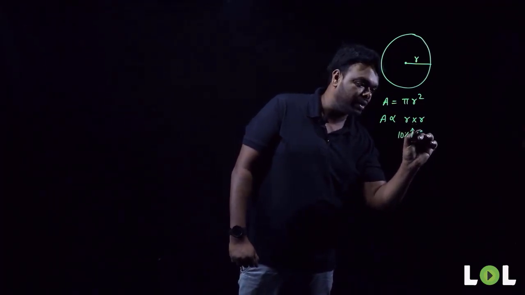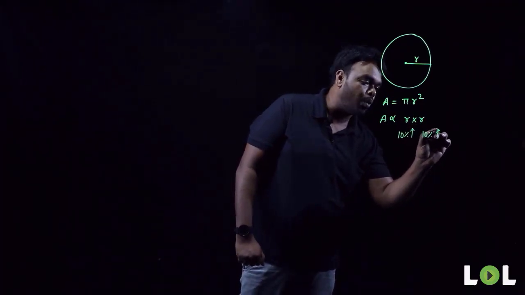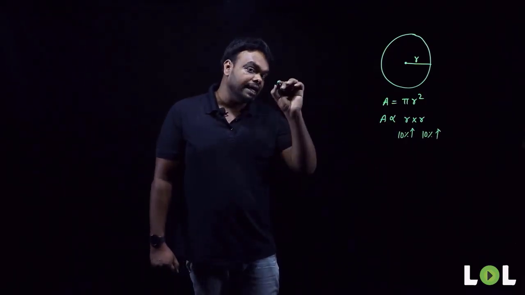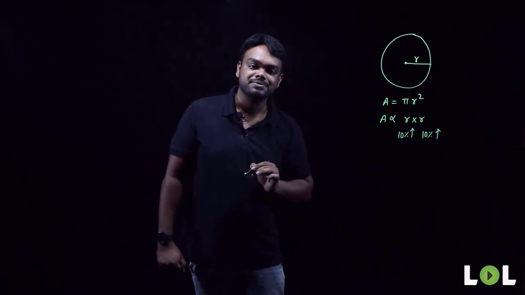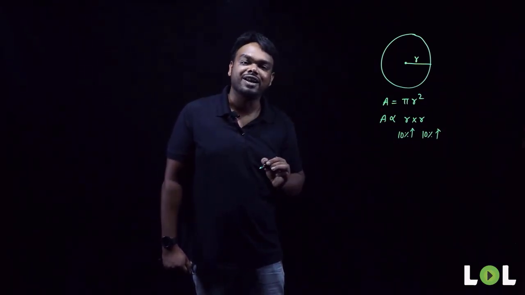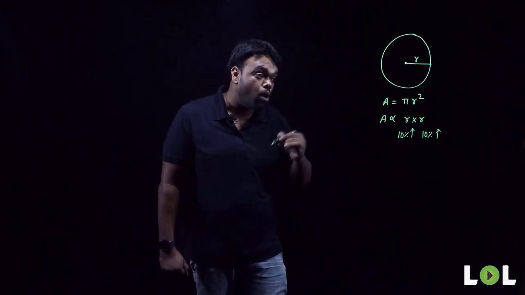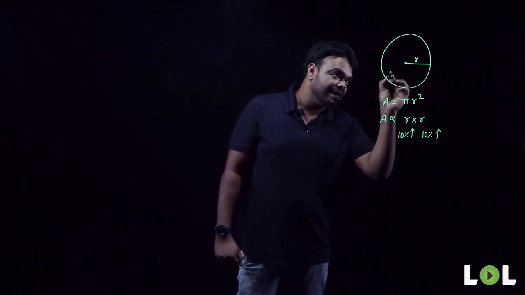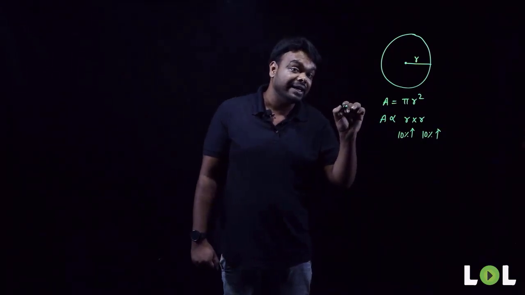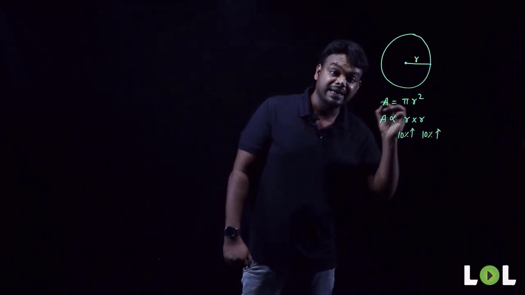Again this r also increases by 10%. So what is happening here? When you increase the radius one time, area increases two times. So even this will fall under our successive percentage. How? Radius increases by 10%, so area increased by 10% and again 10%.